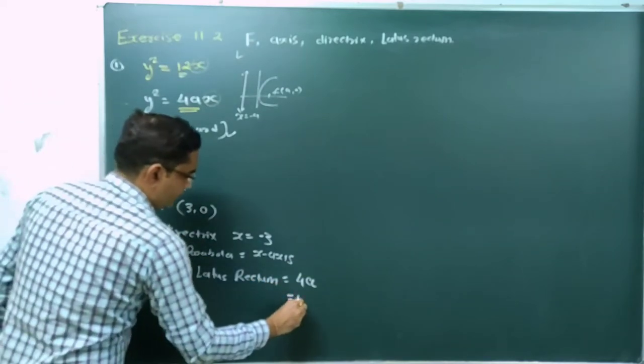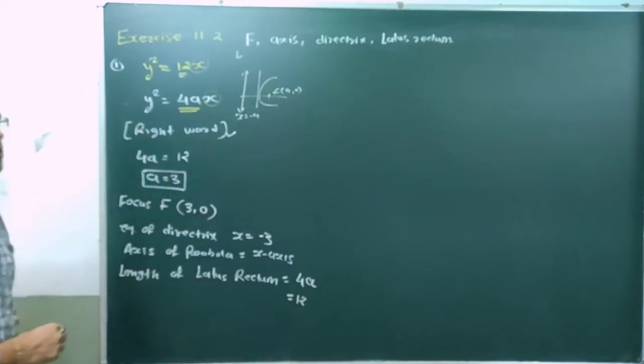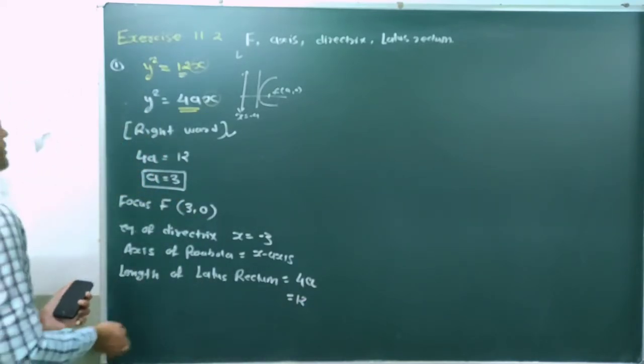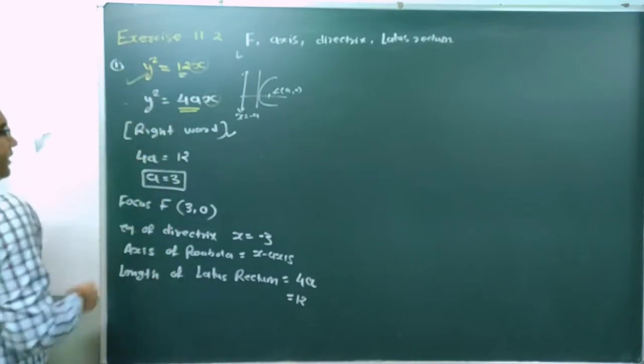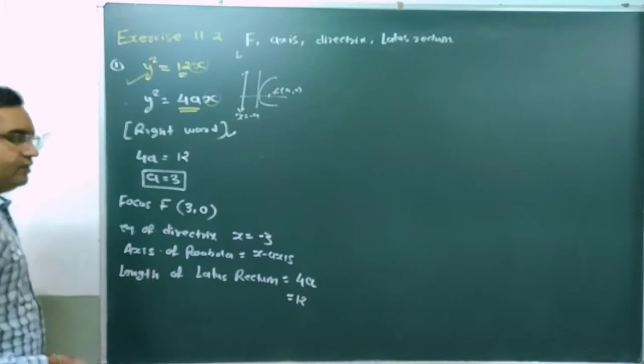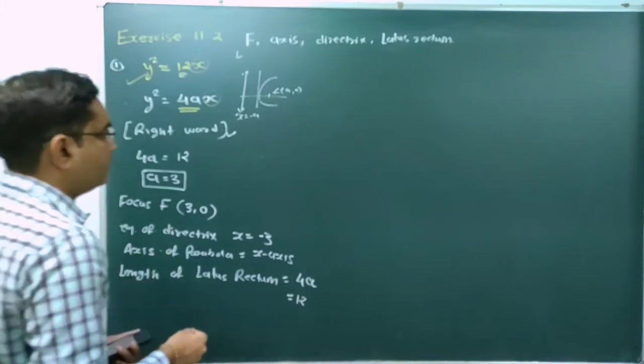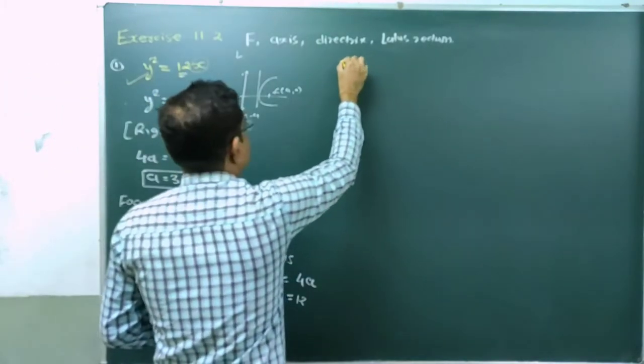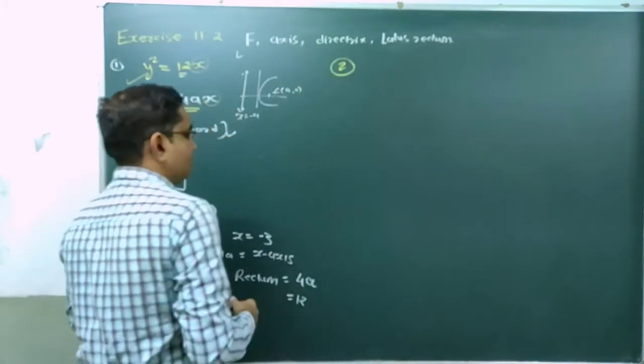So our answer is 12. Clear, students? This is the solution of question number 1. Equation of parabola is given, and we have to find its focus, equation of directrix, axis of parabola, and length of latus rectum. Same for question number 2.